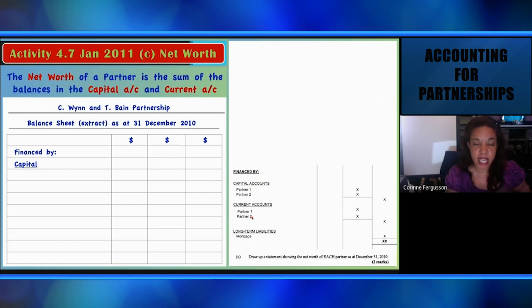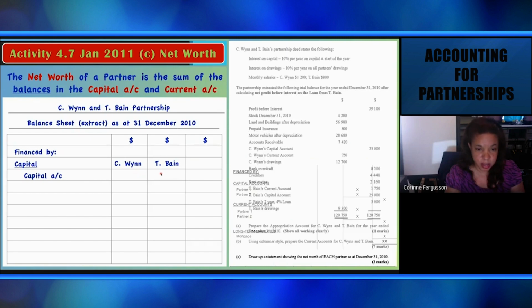So what we do is like what we do in the current account where we use the columns. So what I did here is capital, and I put the name, I use the two columns for the partners. So you can do it like this, you will still get it correct, or the shorter way, the shortcut in an exam when you're pressed for time, use your columns like this, so you can copy down this method here as well. And then you go and you put your capital account, and you just put the amount.